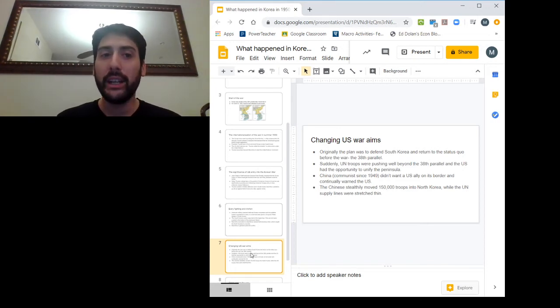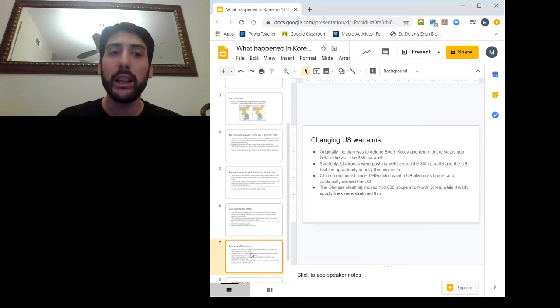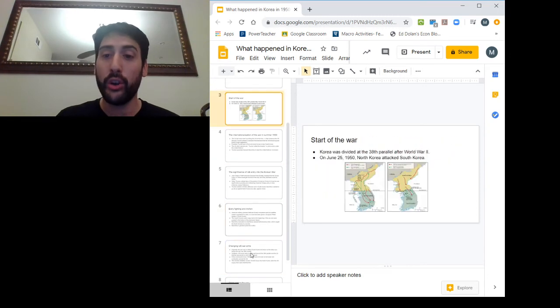But something very interesting happens after Incheon. So it's so successful that the North Koreans are just going as far north as possible, and the Americans are following them. And they are following them past the 38th parallel. And they are going further and further north.